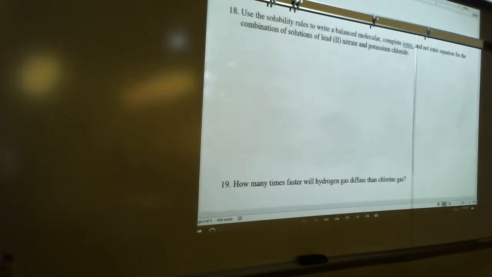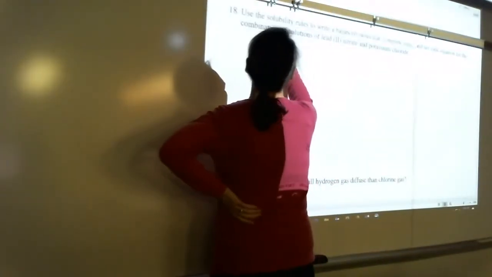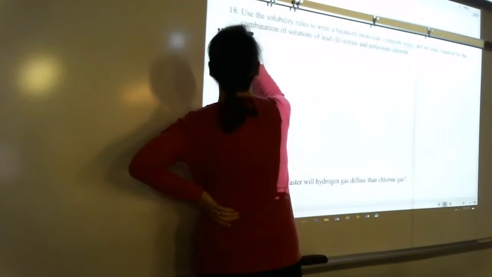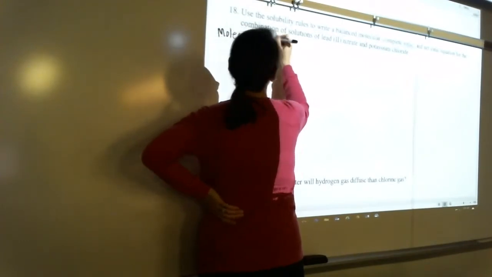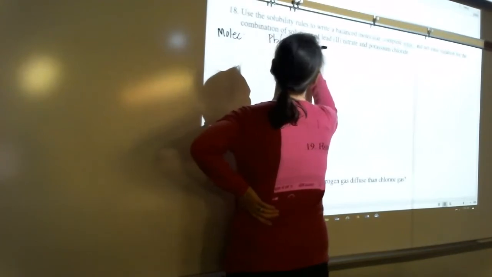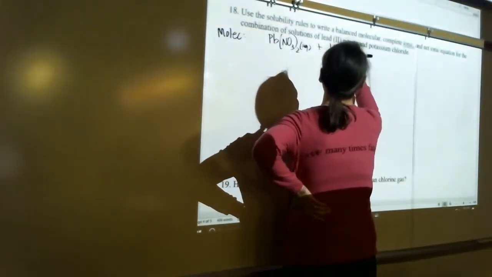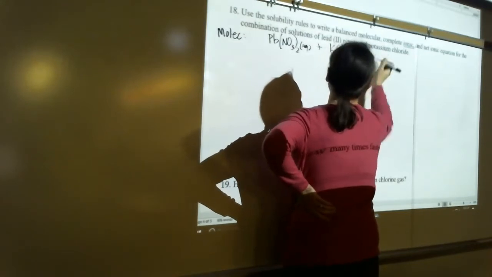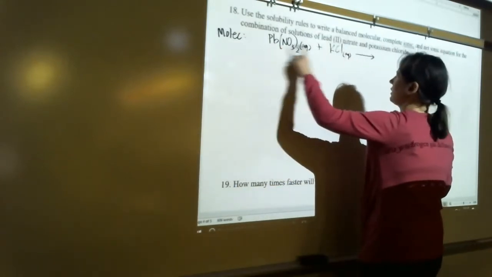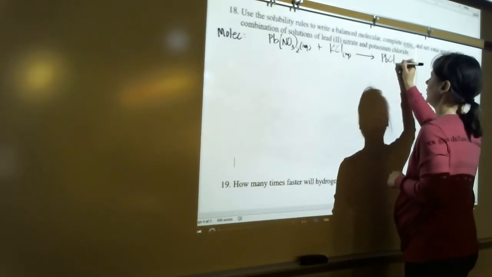All right, so solubility rules here. Lead(II) nitrate. This is the molecular equation: Pb(NO3)2 aqueous plus KCl aqueous. This is double displacement, right? So the lead(II) is going to get together with the chloride and make PbCl2.